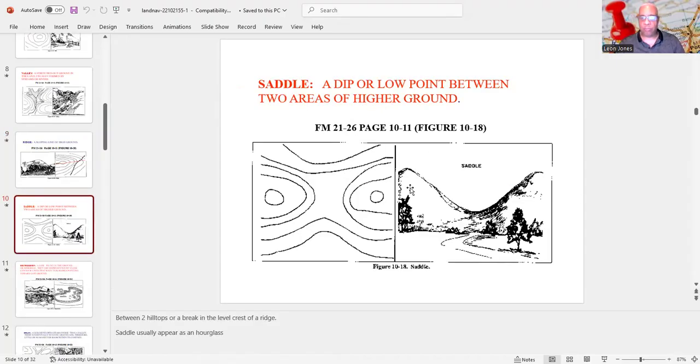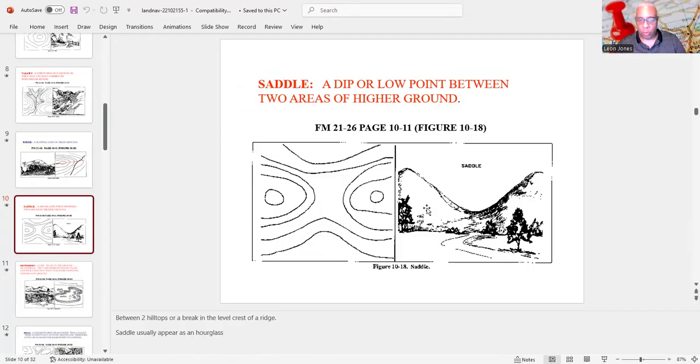We have a saddle. A saddle is basically two hills with a depression. Now, why do they call it a saddle? Because it looks like a saddle. So you have two hills or two mountaintops, and then you have a depression. Now, here's what happens though. The saddle is connected by contour lines.